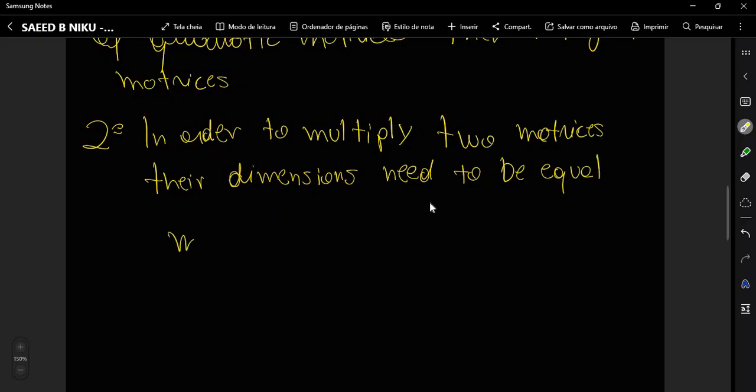And that means that the number of rows needs to be equal to the number of columns.